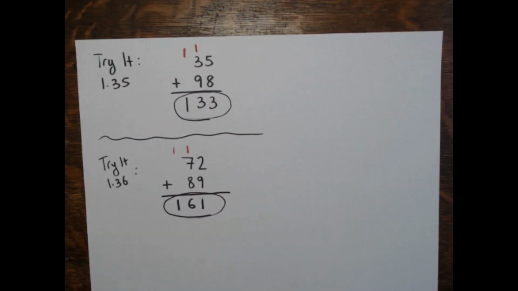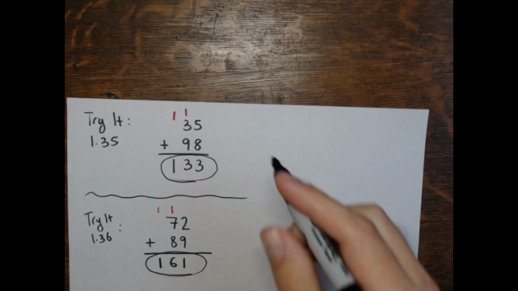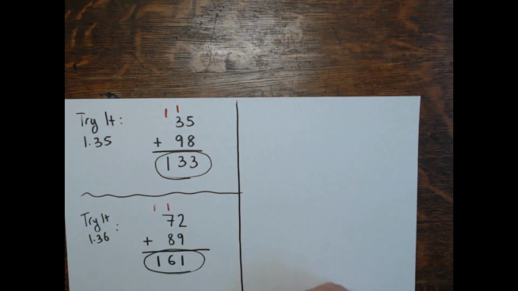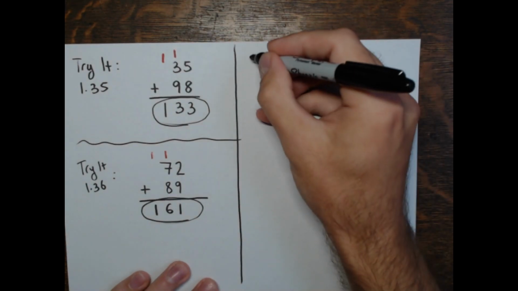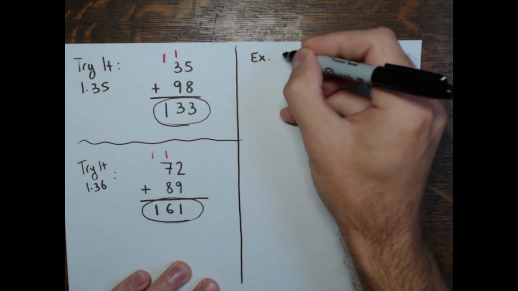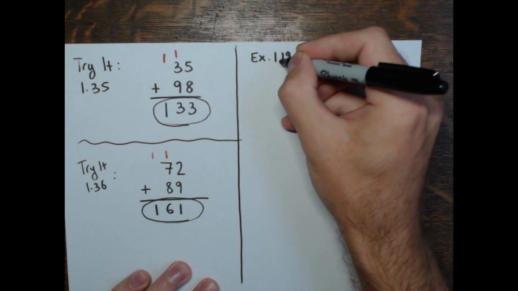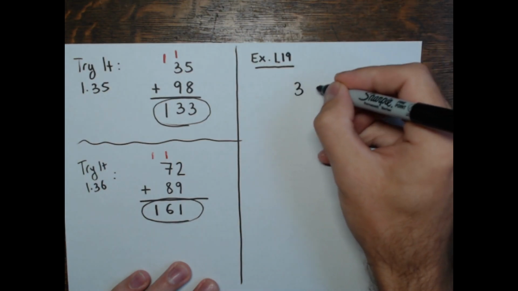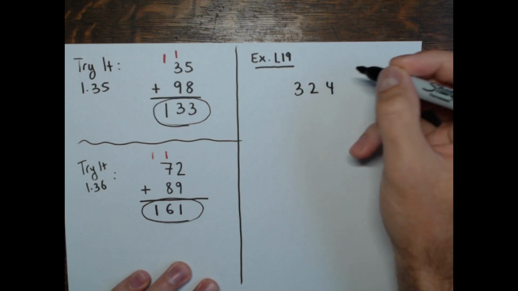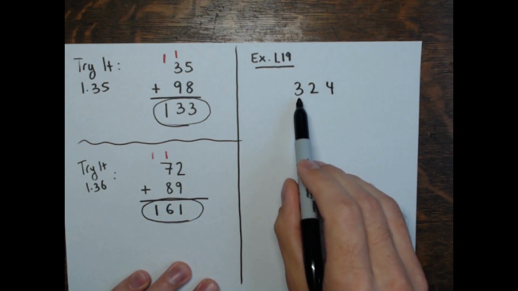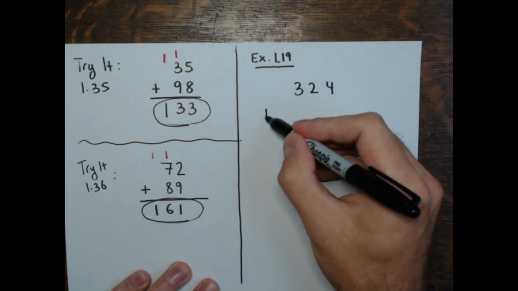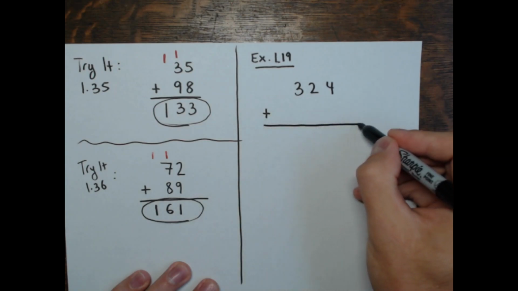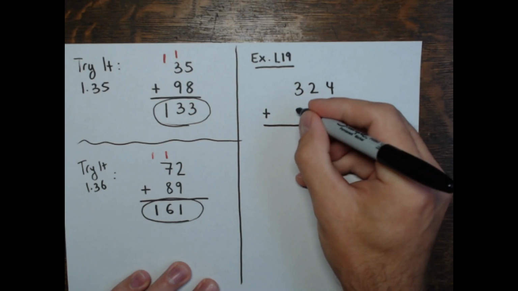Okay, so example 1.19. There's enough space on this paper. We have 324. Right, so now there's a hundreds place. Plus 586.